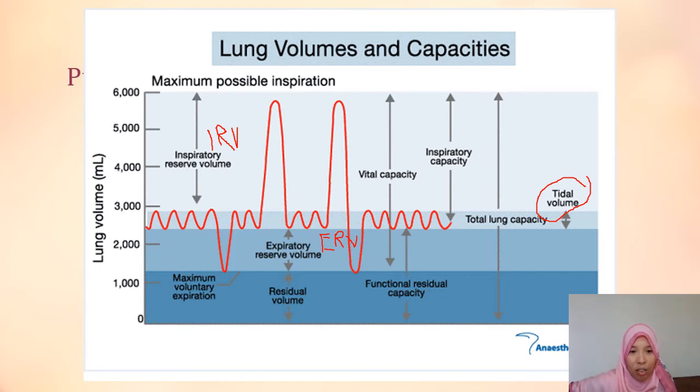So to your maximum. If you take that volume of air when you exhale until you cannot exhale anymore, and you subtract the tidal volume, you get that volume of air that you call ERV, because the extra volume of air that you exhale is the expiratory reserve volume.